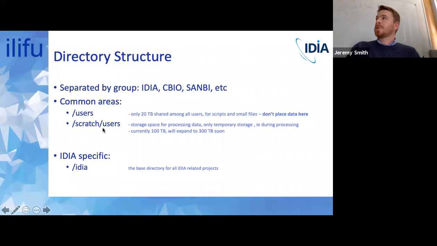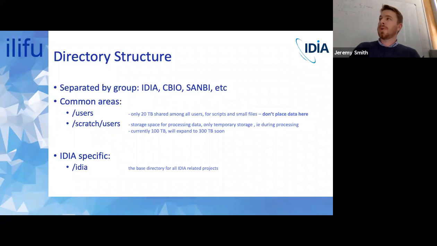The Scratch section is a processing space for you to run data reduction as a user. You'll have a private user folder in Scratch users under your username. This is the preferred space for processing. As it is a Scratch space, it's only temporary storage for your data or products while you're doing processing.